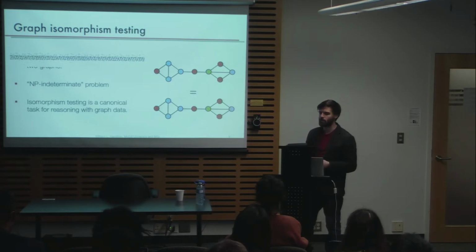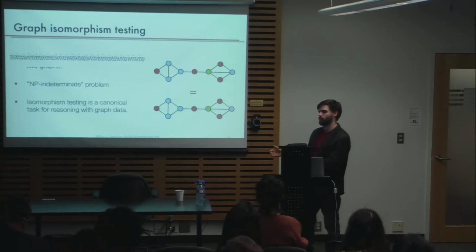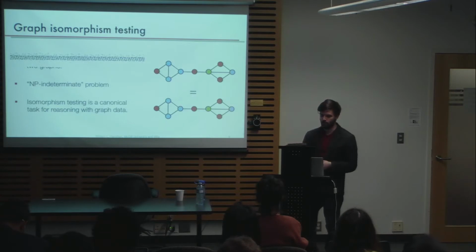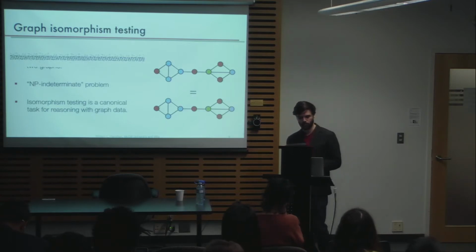So oftentimes, if we're asking about ways to represent graphs as feature vectors, an important question is, does that feature representation generate the same representation for two graphs that are isomorphic, but different representations for graphs that aren't isomorphic? Of course, there's no perfect feature vector, but we can evaluate the cases where these things fail and where they don't fail to get a sense of the power of a particular representation.